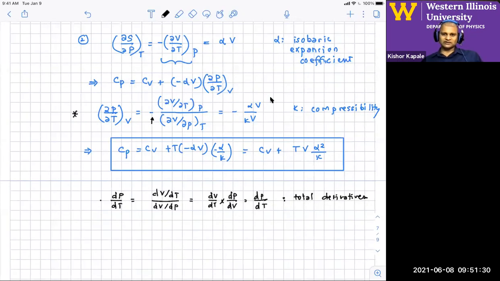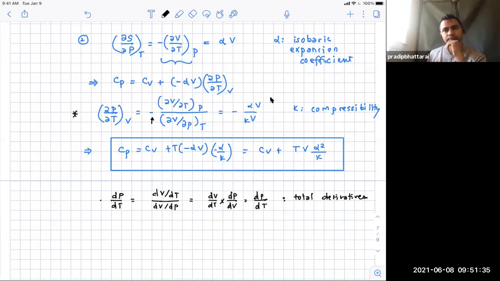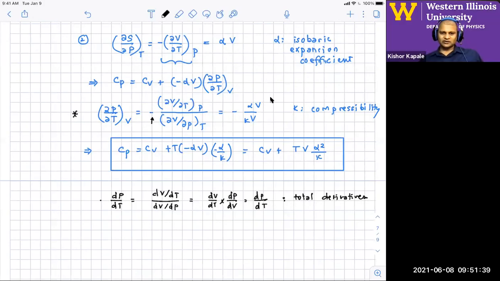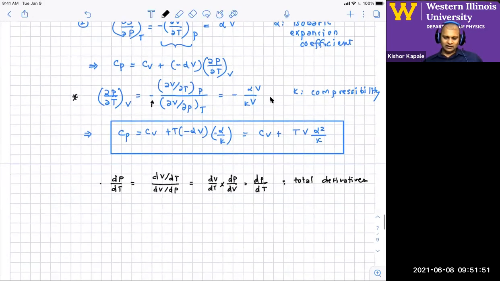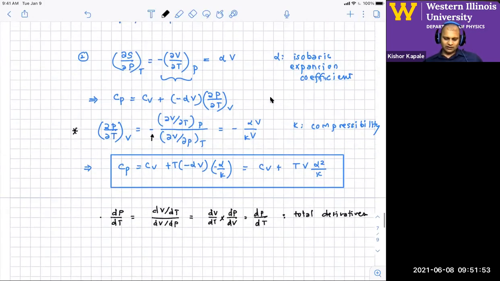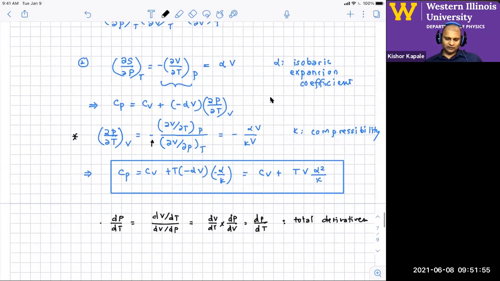So partial derivative of V with respect to P, the denominator in the expression, that's kappa V, and then partial derivative of V with respect to T, that's alpha V, and then V cancels and you get negative alpha over kappa, and then you add that in the expressions to get what you're looking for. Okay.